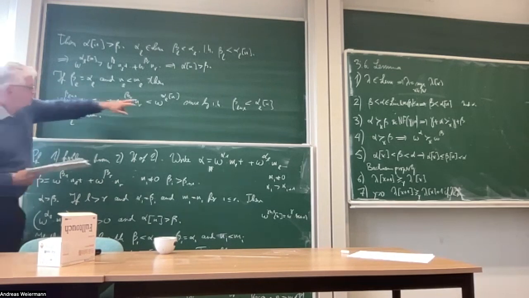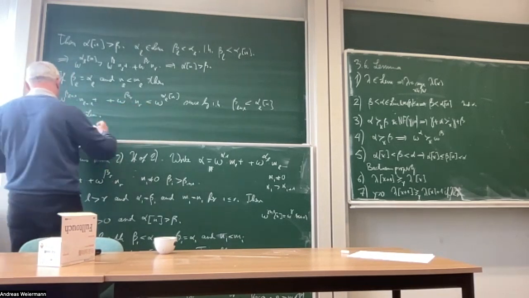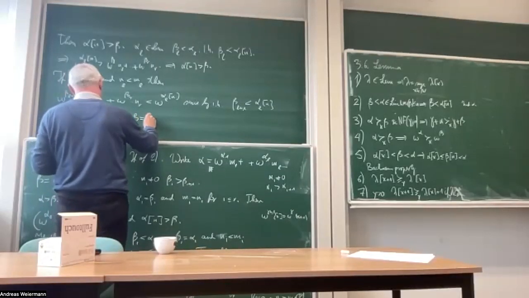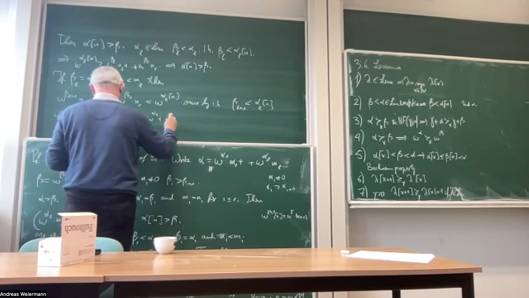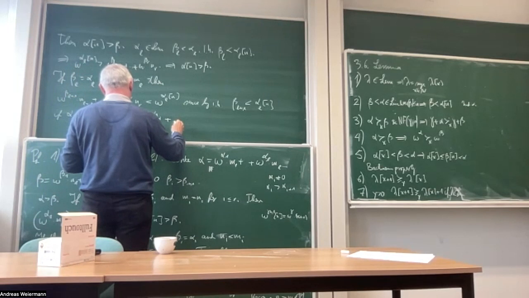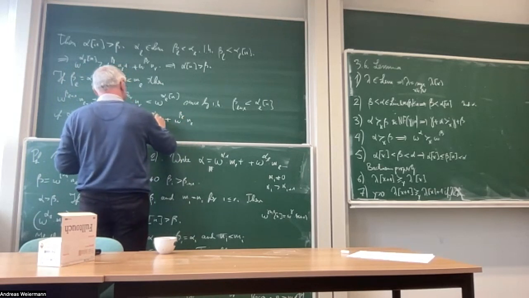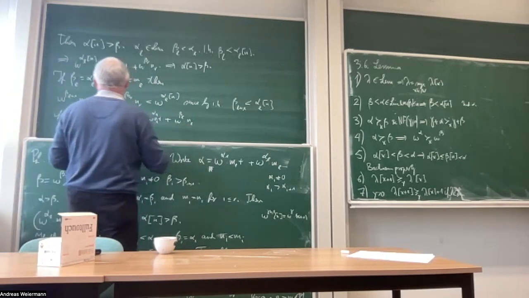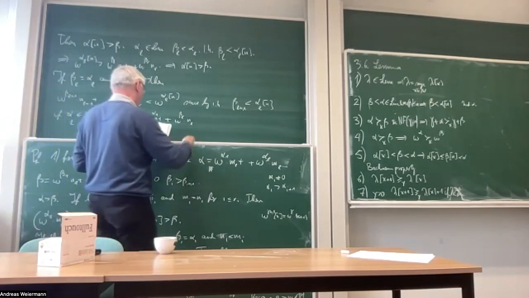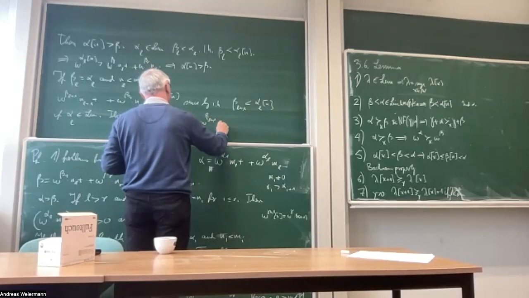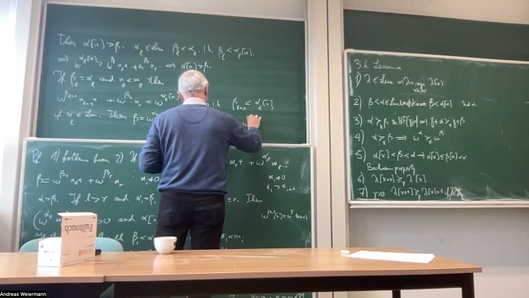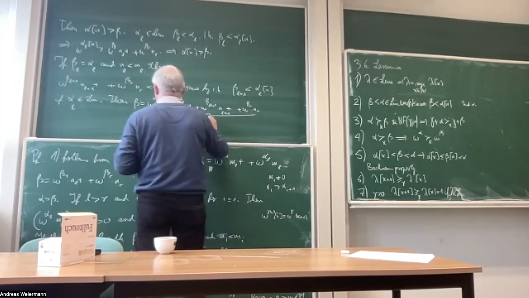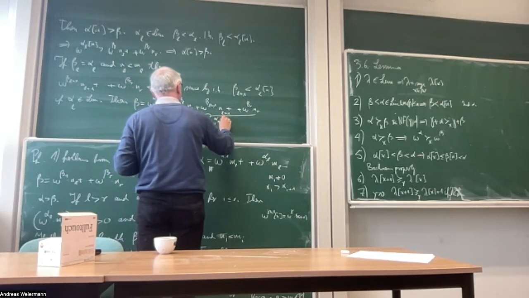Well, let's consider this one. But if this is done, then beta is omega to the alpha 1 plus omega to the beta L times N L. So the alpha i and the beta i are the same up to L. N L was smaller than M L. Here we have plus omega to the beta L plus 1 times N L plus 1 plus omega to the beta R times N R. This one here is bounded by omega to the alpha L of n.